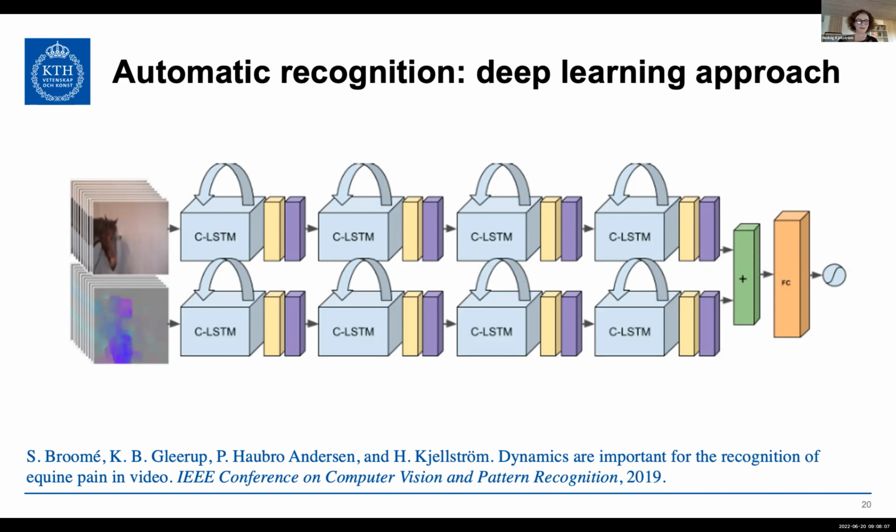We do not use any manually defined scales. We just show raw video to the network and then a label. We have a two-stream network with RGB video and optical flow. There are 5-second clips showing the horse, and there is one label for the clip, which is pain or not pain, and no additional information.